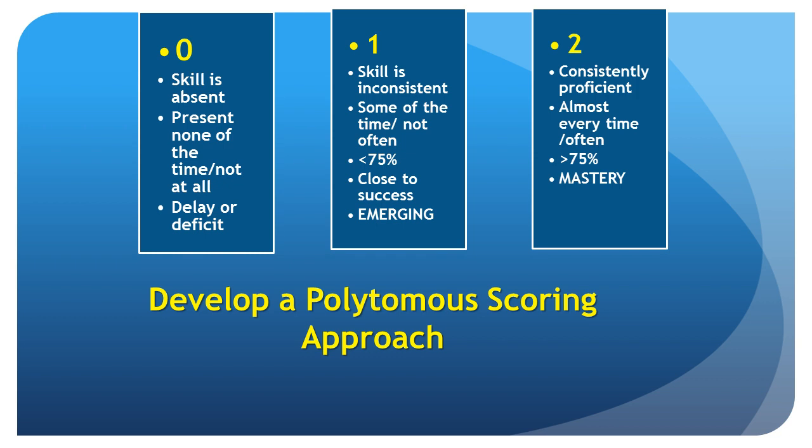However, there is also a difference between the 0 and a score of 1, because this means that the skill is emerging and probably is reflecting just a mild delay, whereas the 0 could be a delay or a deficit. So the 0, 1, 2 allows for gradations, particularly at the lower end.